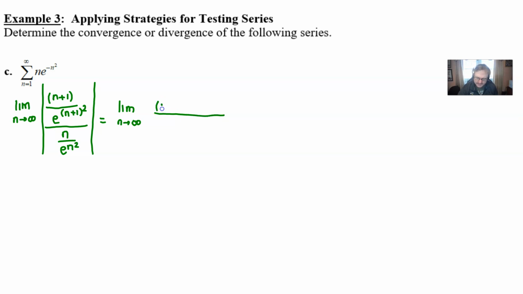So when all is said and done, this n plus 1 up in the numerator is going to be joined with an e to the n squared, and the denominator would consist of an e to the n plus 1 squared that I'll write here in the second spot so that I can put my n there in the first spot.